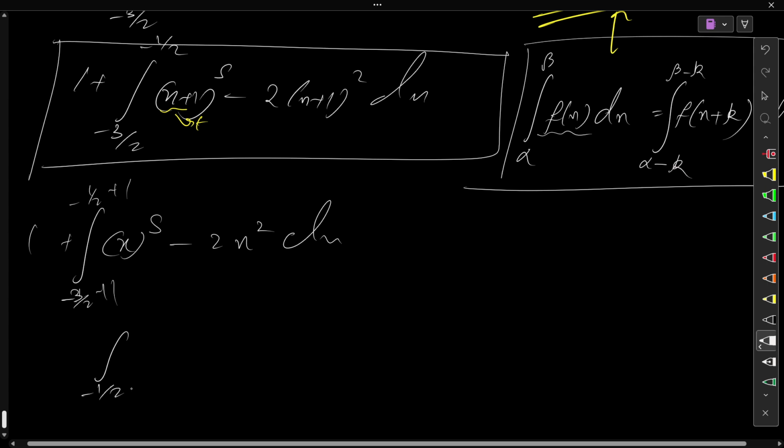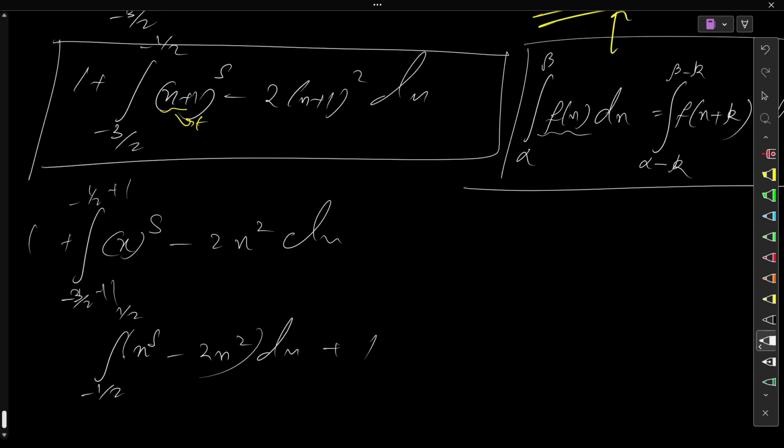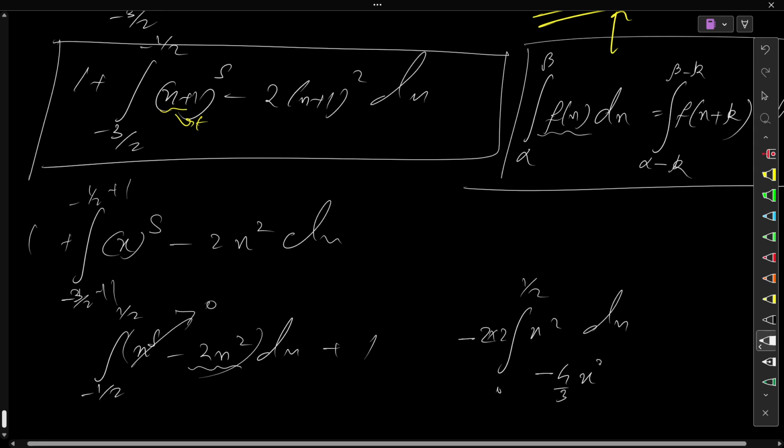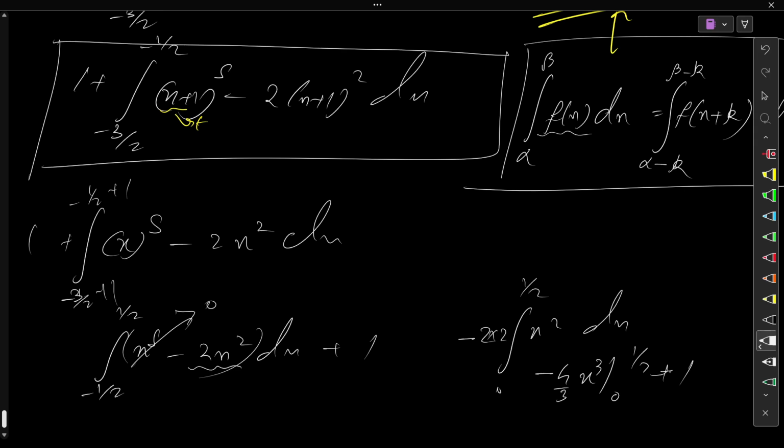So from minus half to half, x to the power of 4 minus 2x square, dx, plus 1. As this is an even function, this could be written as 2 times the integral from 0 to half, multiplied by 2 again for the 2x square term. So this is minus 4 by 3 x cube from 0 to half, plus 1.